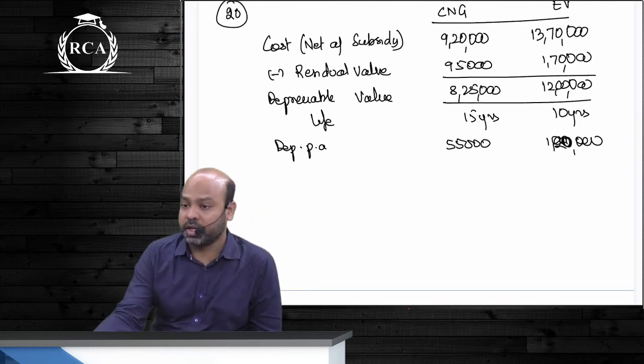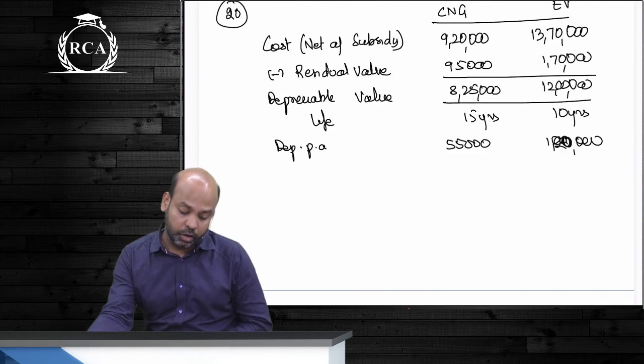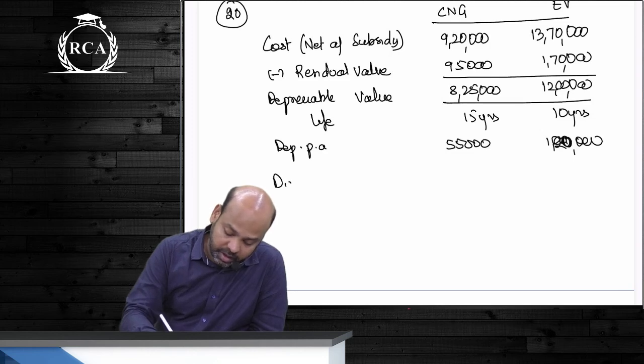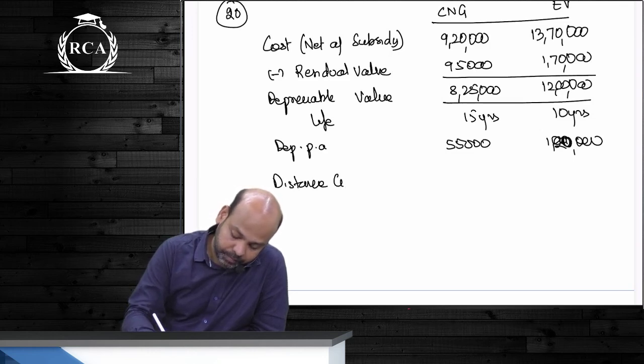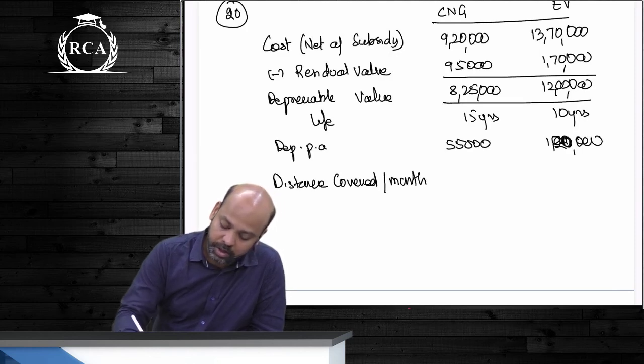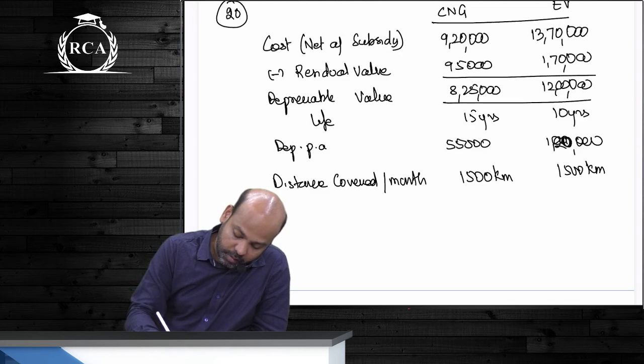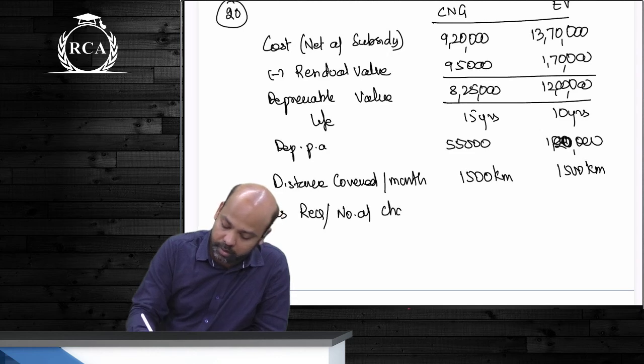Did you all get this, guys? We got depreciable value, we got depreciation per annum. Now, beta, what is distance covered per month? Distance covered per month, beta, is 1,500 kilometers. I will write gas required / number of charges required.